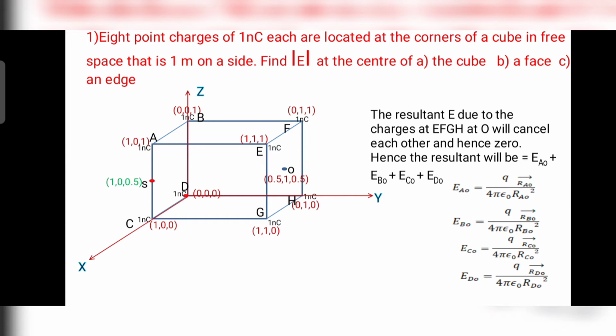The objective is to find the electric field intensity at different points: first at the center of the cube, next at the center of the face, and third at the center of the edge.